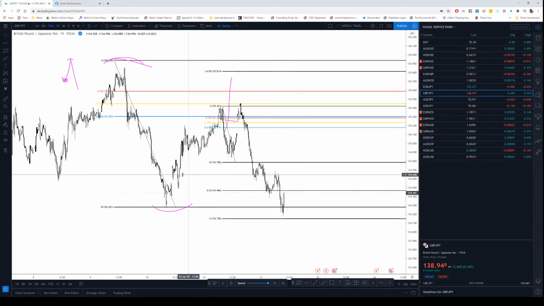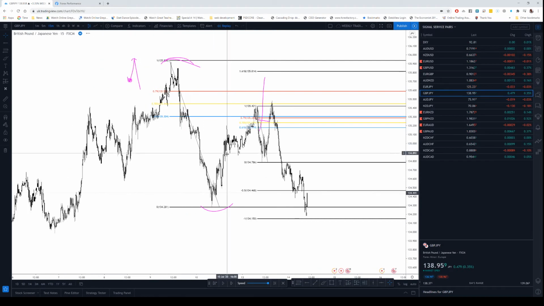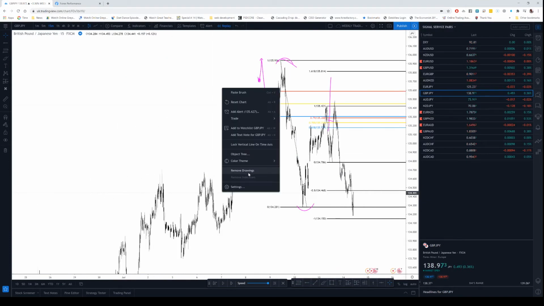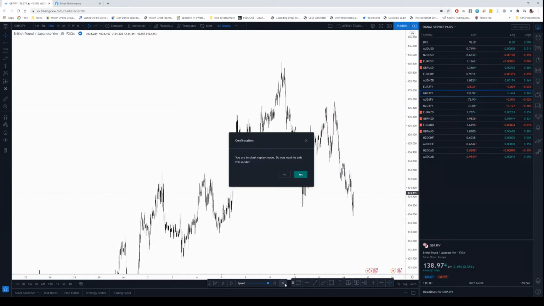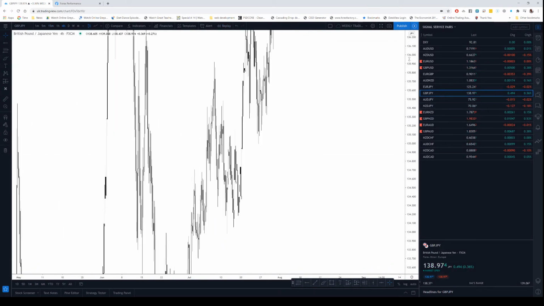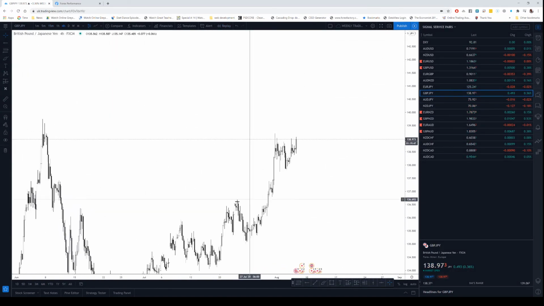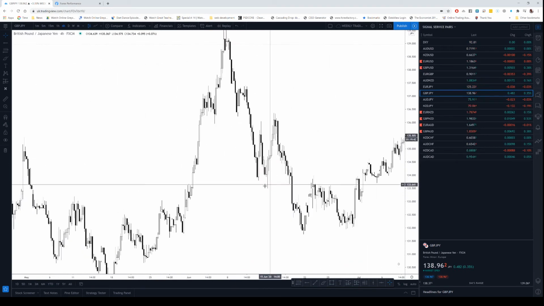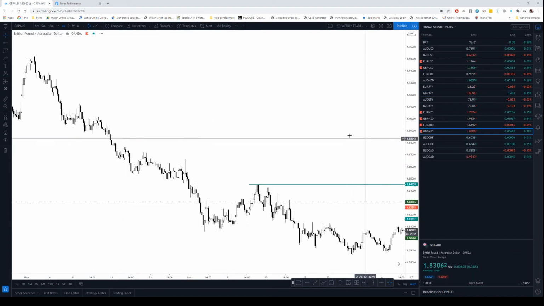And you can do it in reverse to the upside. Let's go back, let's do a buy example. Let's go into a different pair and look at this one right now.